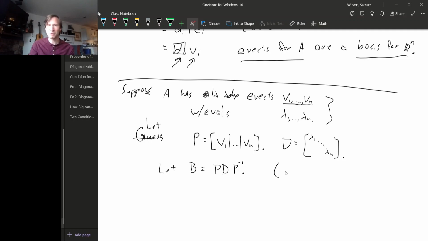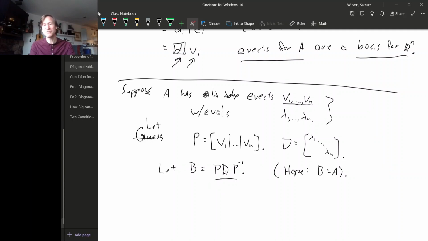Now what we're secretly hoping here is that B is actually A, because B is clearly diagonalizable, since we've written it as similar to a diagonal matrix. So if we can show that B is the same matrix as A, then we're done, because we will know that A is diagonalizable.